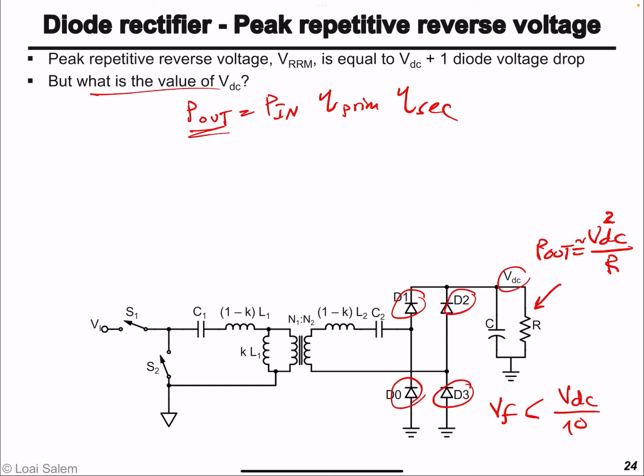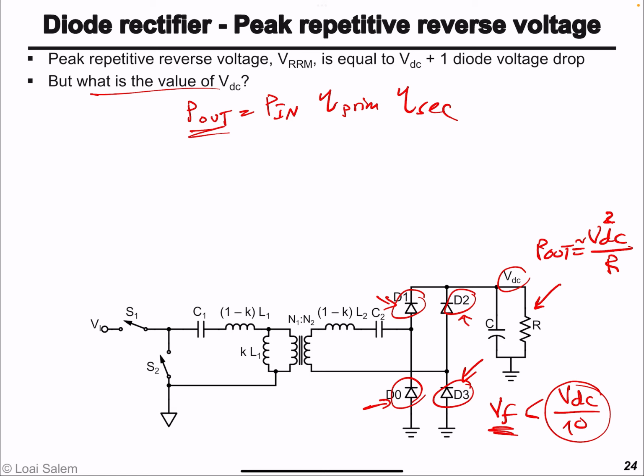In this case, we are ignoring the power losses, the conduction losses that happen in these diodes. And the reason is that we select the diodes by design. The diodes we select have a forward voltage that's less than 1/10 of the DC output voltage.